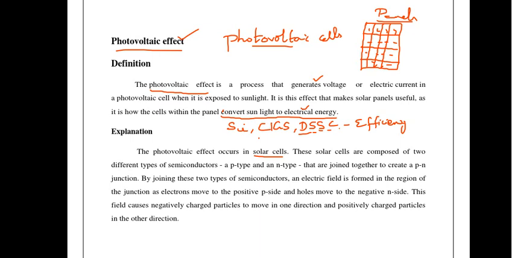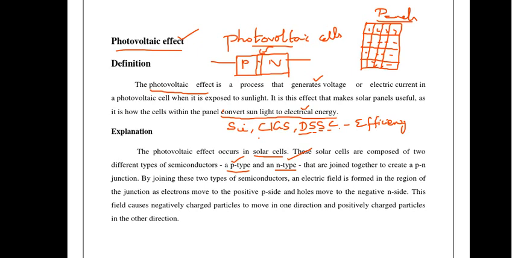Okay, so the solar cell is composed of two different types of semiconductors, as we have studied: a p-type semiconductor and an n-type semiconductor, joined together to create a p-n junction, like this diode, p-n junction, p and n.